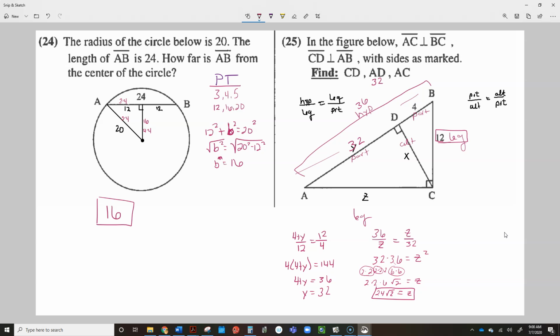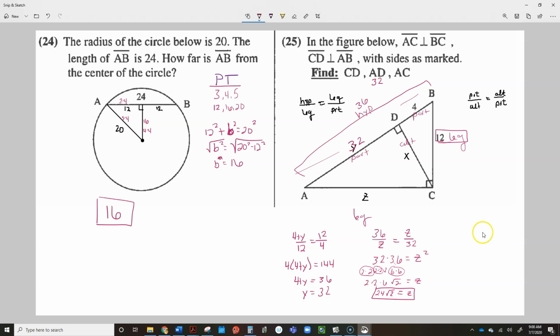Nope, it's changing it to a decimal every time. Don't know why. But anyway, that is the exact value right there. The decimal value is about 33.9.